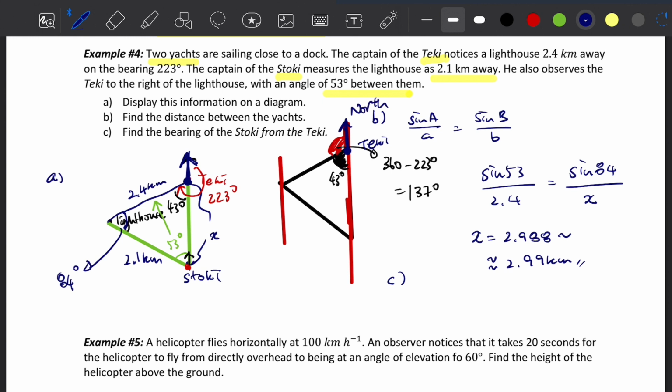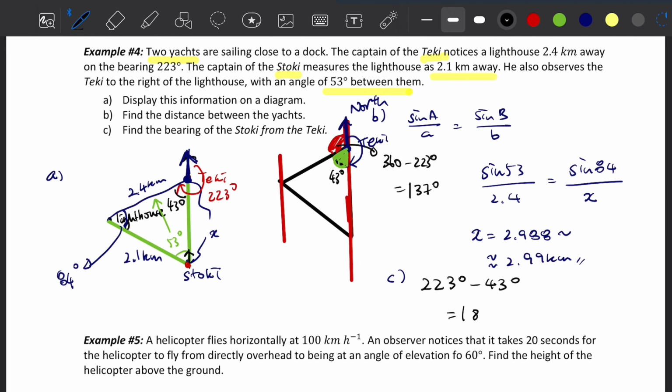We need to find the angle from here to here to find the bearing of the Stoki from the Taki. Since we know the angle here is 43 degrees already, we can say 223 degrees minus 43 is 180 degrees.